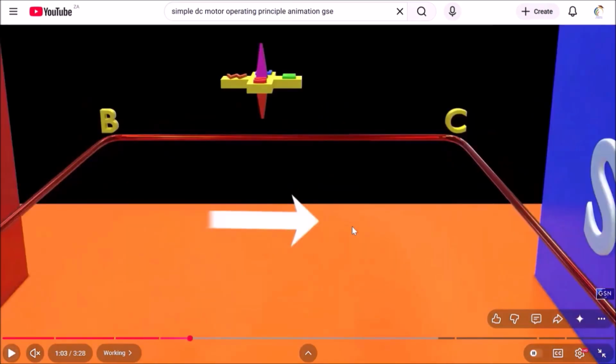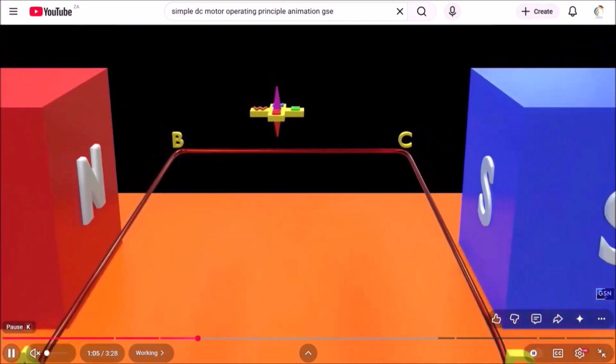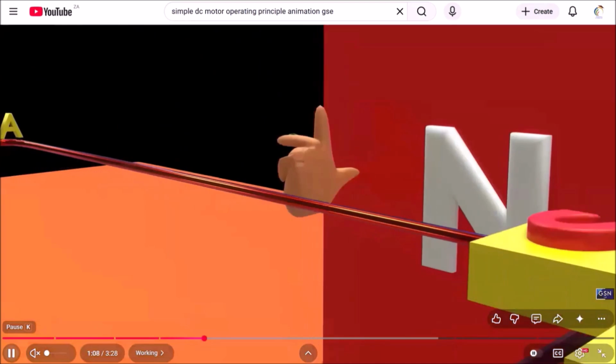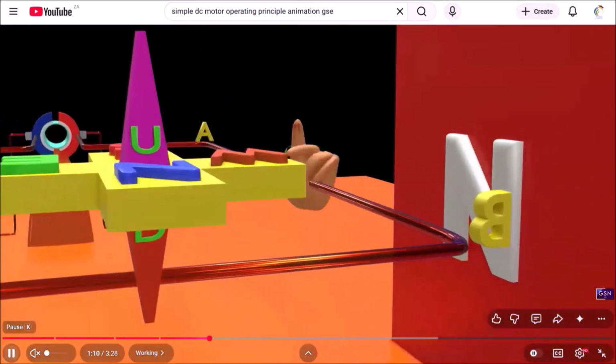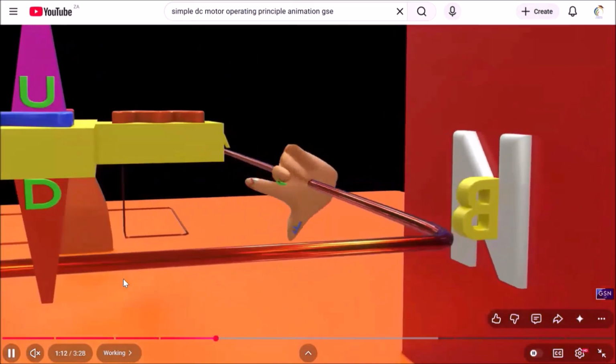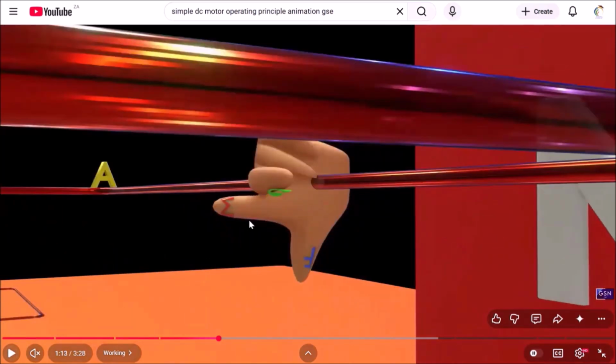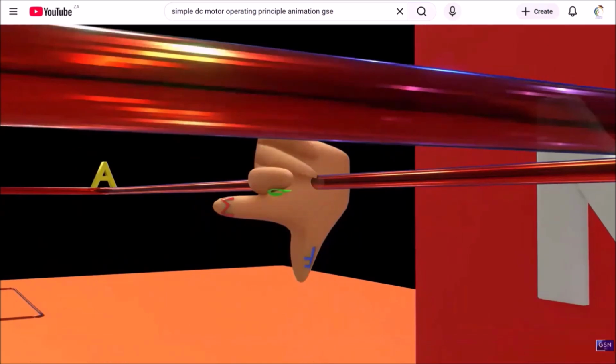This is the direction of the magnetic field due to the magnet using Fleming's left-hand rule. The first finger points in the direction of the field, which is from north to south. The second finger points in the direction of current, which is from A to B. Then the force experienced by AB will be down as shown.